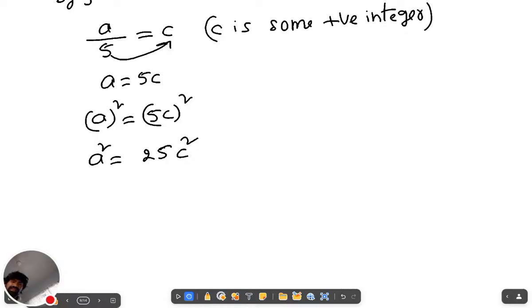Let's write, in place of a square, 5b square is equal to 25 c square. So bring this 25 to the left side.